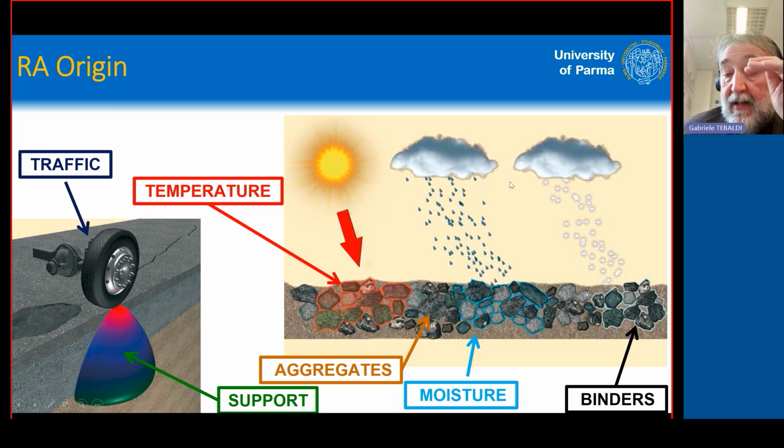And we have to remember that there are different kinds of aggregate, and different kinds of aggregate interact in a different way with moisture that comes from snow, rainfall, whatever.